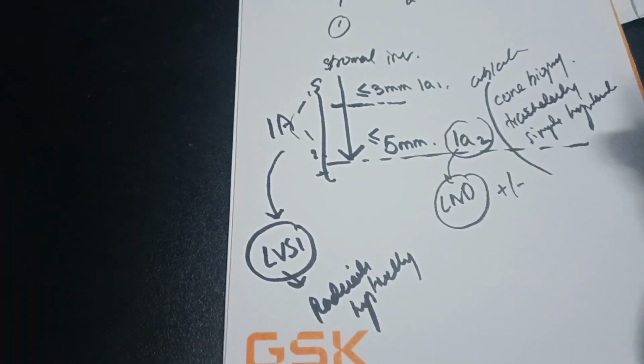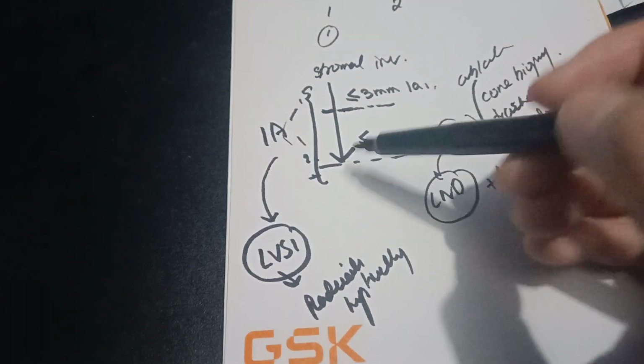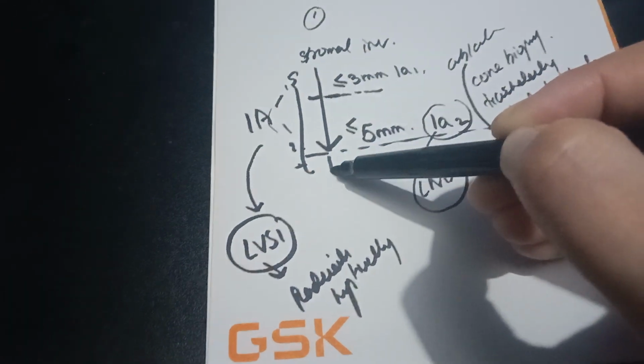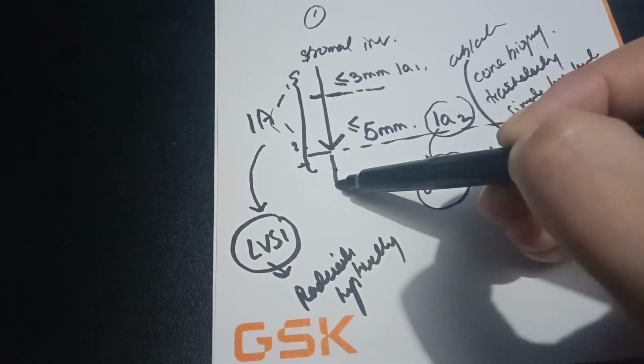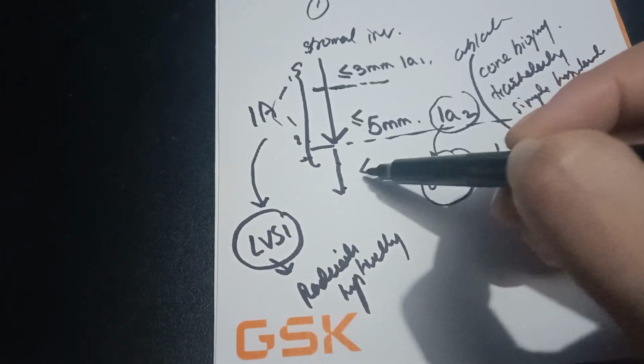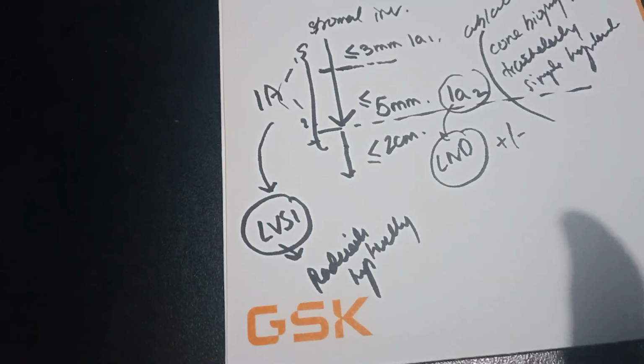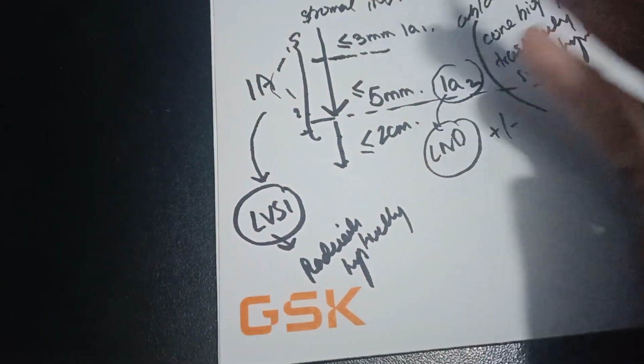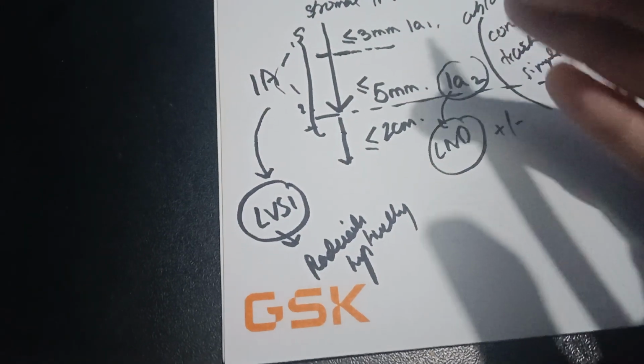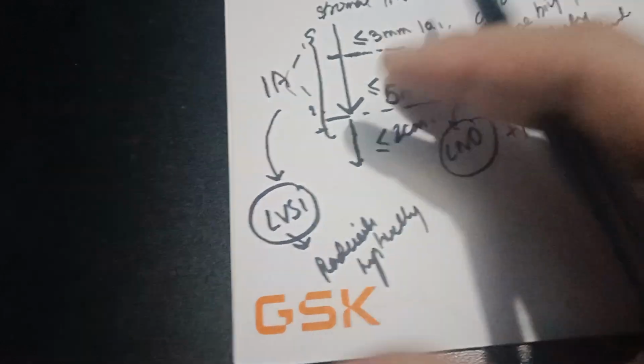So 1A has ended. Okay, now greater depth of invasion, we again go to a size of less than or equal to 2 centimeter. Now I know we're talking big, we're talking centimeters because it's not 1A anymore, it's 1B, so it's bigger, okay?